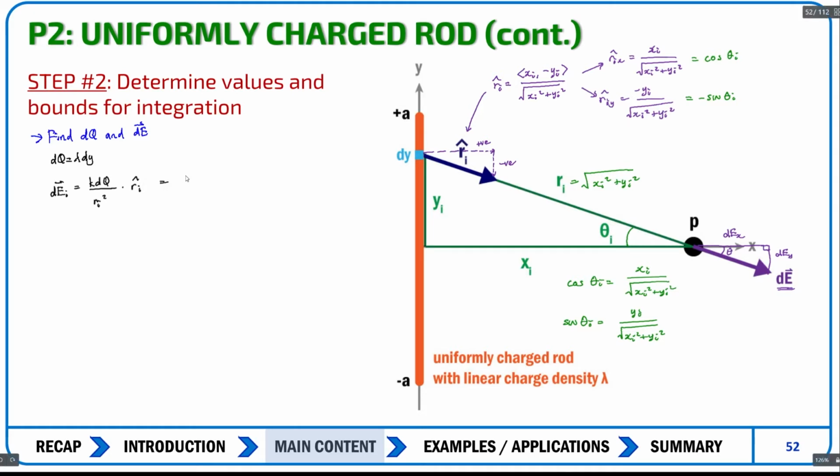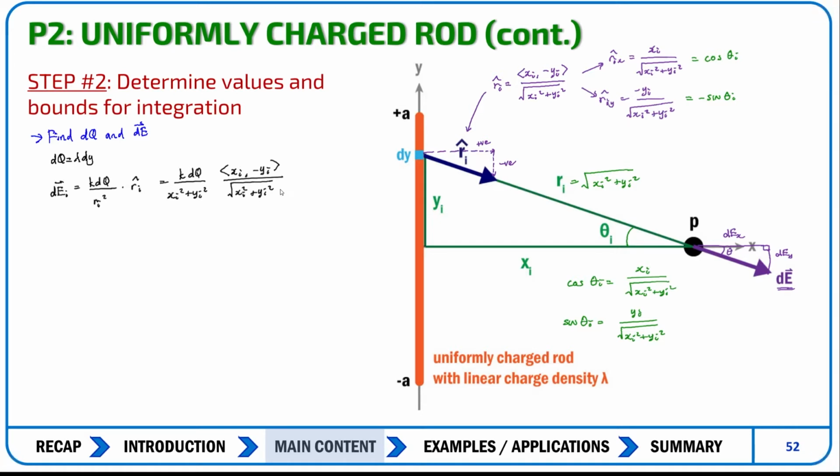So this would give me k dq over xi squared plus yi squared times xi, negative yi over the square root of xi squared plus yi squared.